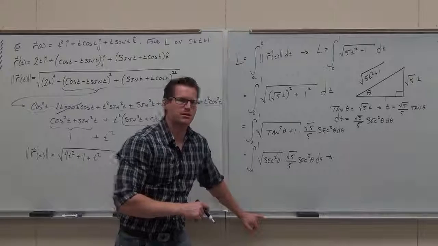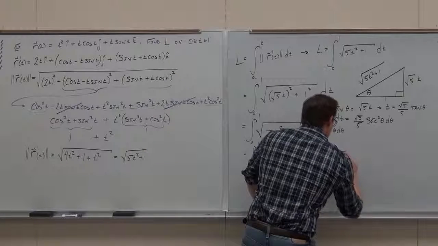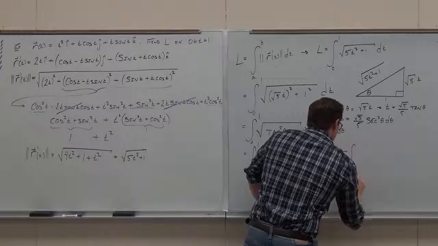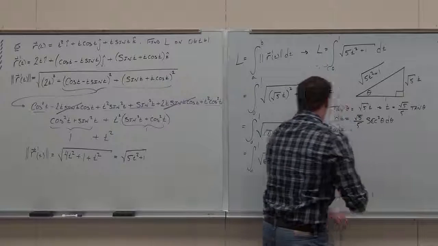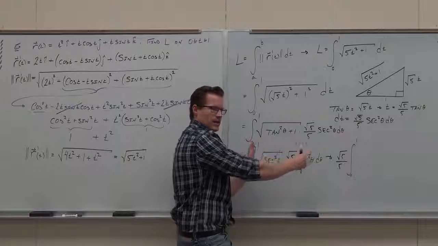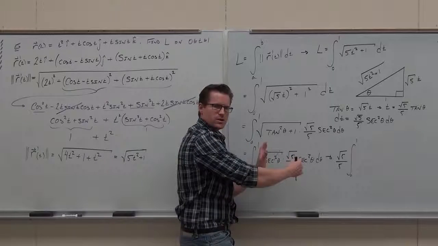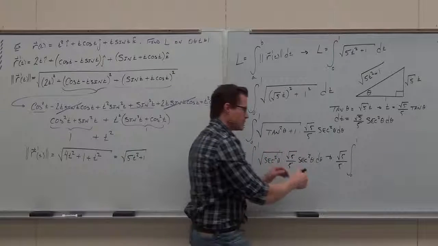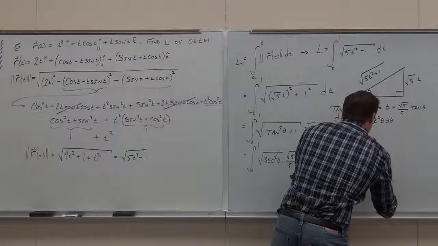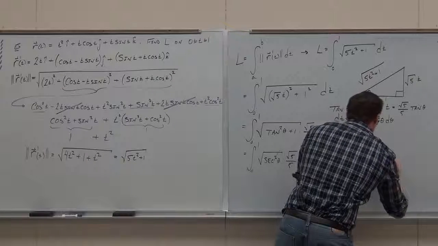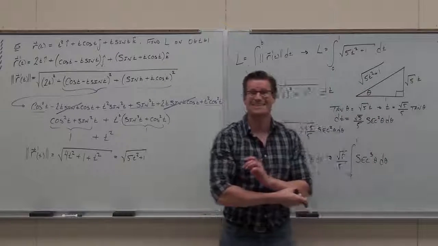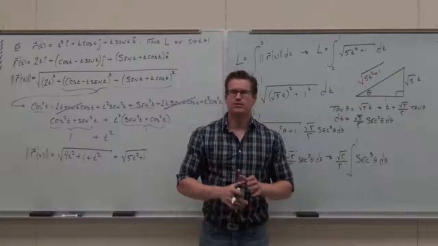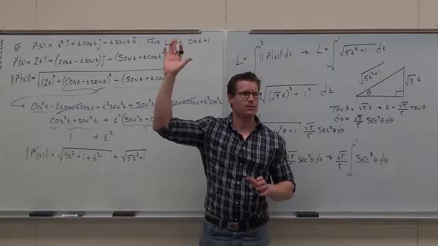What would you do with that? How much would it give you all together inside as your integrand? What would you get? Yeah, that's exactly right. Show of hands if you're okay with what we're talking about.